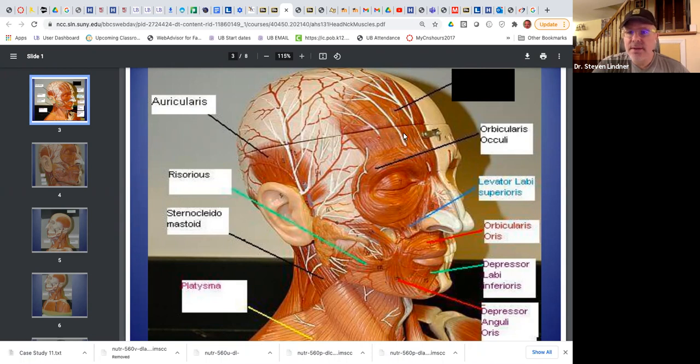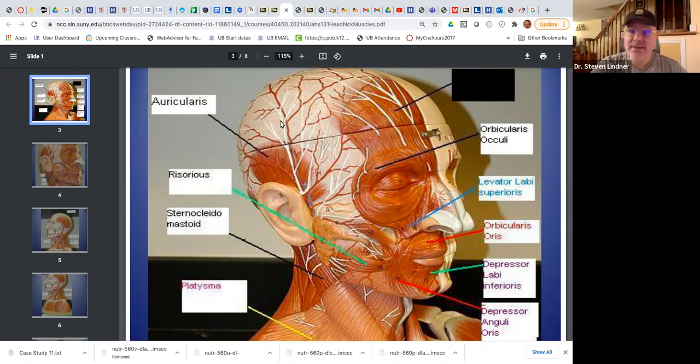So here is the frontalis muscle, named after the bone that it's near. On the back side, you can just see a little bit of it back here. We'll see it in another view, is the occipitalis. So you have the frontalis, occipitalis, auricularis, and then deep to that, we'll see on another cut, we'll have a temporalis, okay?